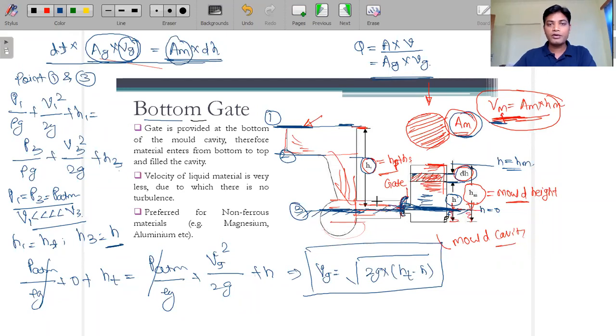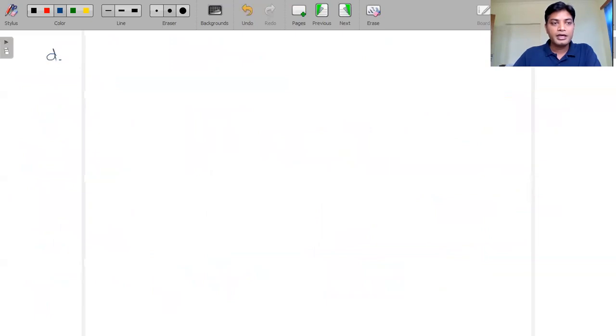So now this is equation number 1, and this is equation number 2. So just put this value of V3 over here. Now this will be in terms of HT and h. So first put the value, then we'll see. Here this is dt into Ag into Vg.